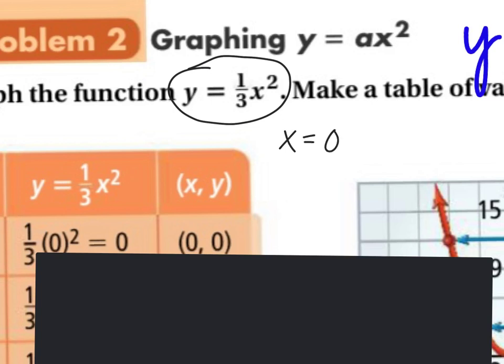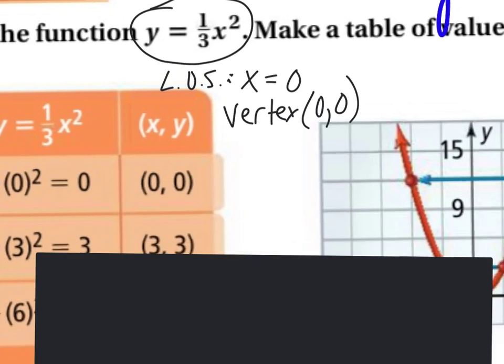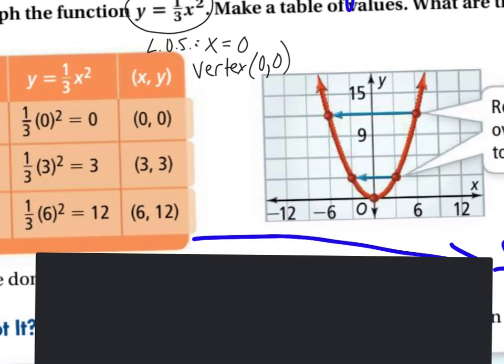I'll abbreviate sometimes line of symmetry like that. And then our vertex, if you put a 0 in for x, it's going to be 0. So that's automatic, like the book said.